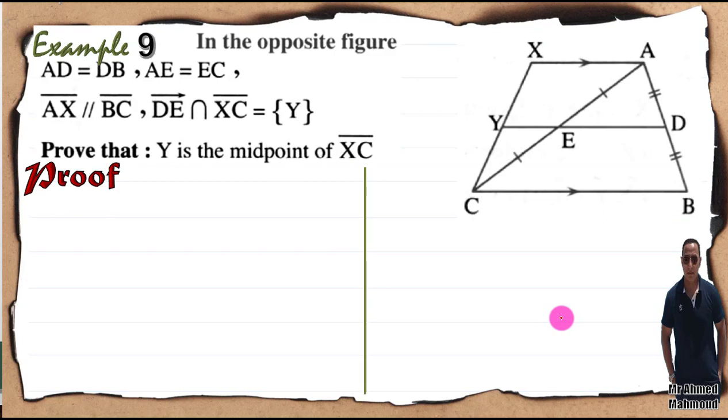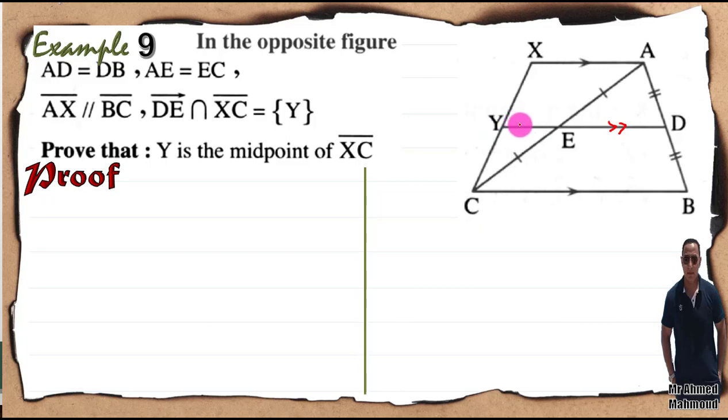Now example 9. In this example we have D is a midpoint and E is a midpoint, and also I have AX parallel to BC. Prove that Y is a midpoint. It's very easy. In this triangle ABC, since D is a midpoint and E is a midpoint, therefore ED parallel to BC.